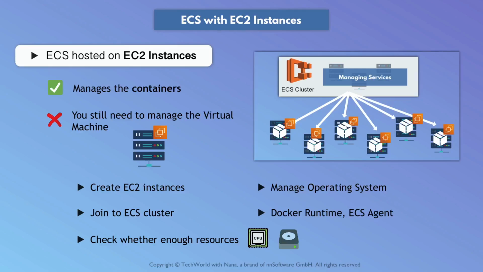So all of these are basically part of a virtual machine that you have to still manage. So you're not managing the containers anymore, that's delegated, but you still have the server that you have to take care of. And obviously, if you run out of resources, you have reached your maximum capacity and a new container needs to be scheduled, then you need to add and provision a new EC2 instance.